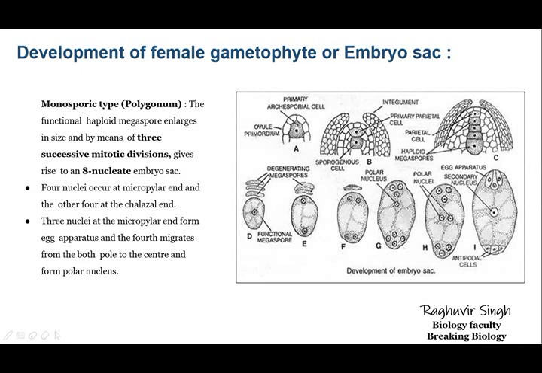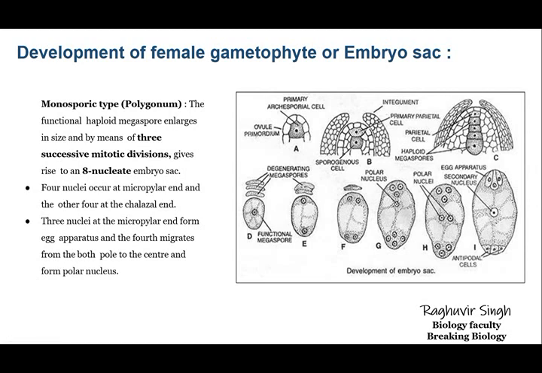The polar nuclei do not fuse before fertilization, but they are covered by cytoplasm as a single cell. So there are 7 cells but 8 nuclei. Before fertilization this 7-celled, 8-nucleate state prevails, and this is the embryo sac. But just before fertilization, the 2 polar nuclei fuse to form a 2n, diploid structure.